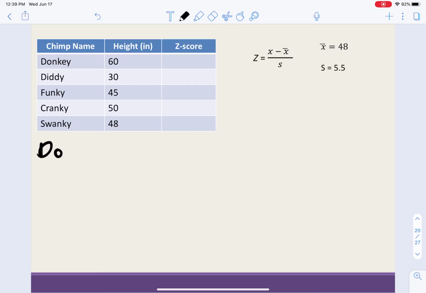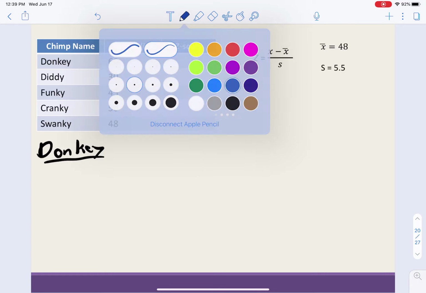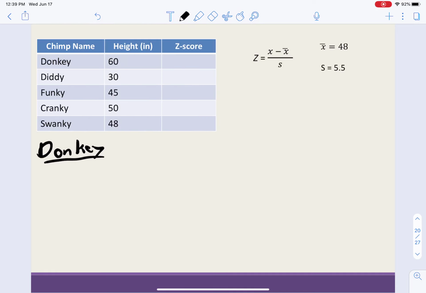Okay, so we've got Donkey Kong here, and I'll do the first 2 because I don't have enough room to do everyone, but the process you'll see is the same. Just follow this equation. So z equals x, which is 60.